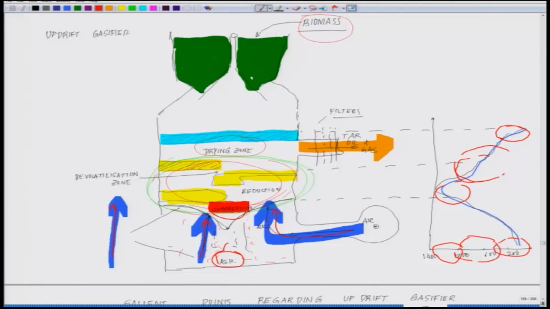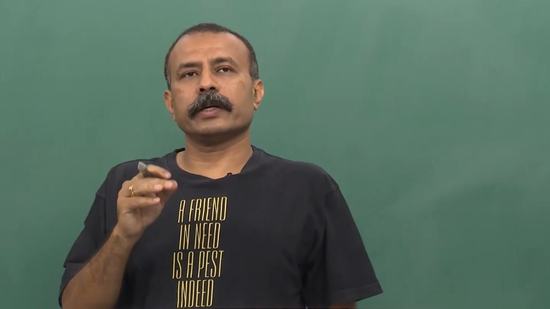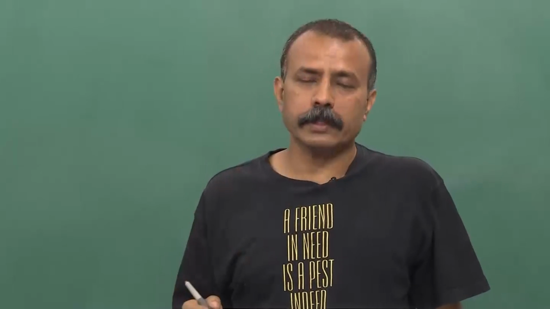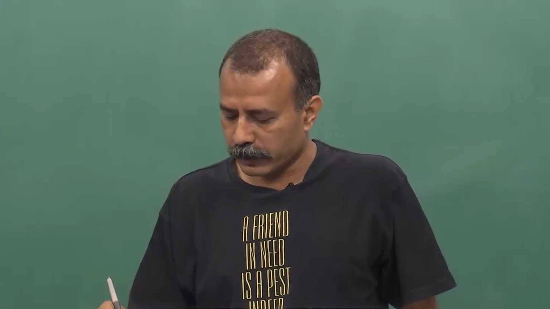In this zone the gas is getting cooled down. So, the gas you are obtaining is around 200 to 300 degrees centigrade, which is easy to handle at a lower temperature, and the efficiency of the system is much higher at such temperature.